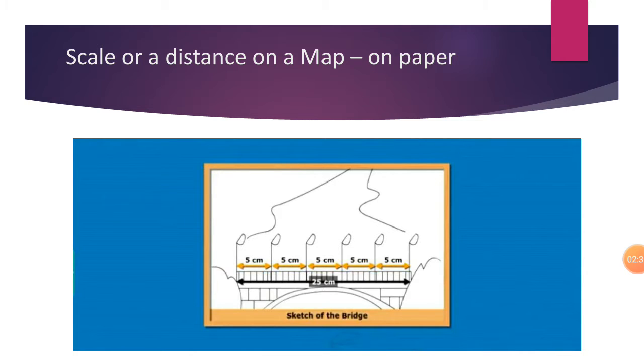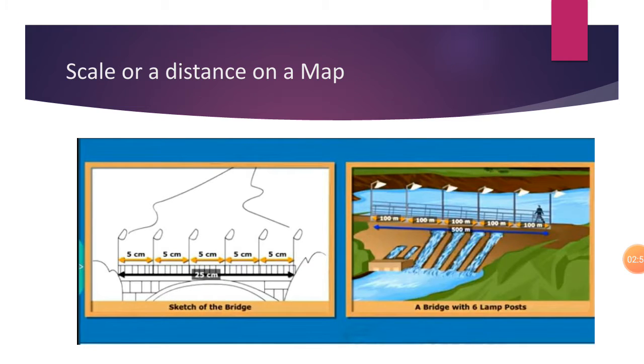While drawing the sketch, the lampposts must be drawn at equal distance, and if you give the distance between each lamppost as 5 centimeters, the length of the bridge on paper will be 25 centimeters. Therefore, the sketch on paper will be very much smaller than the actual bridge.